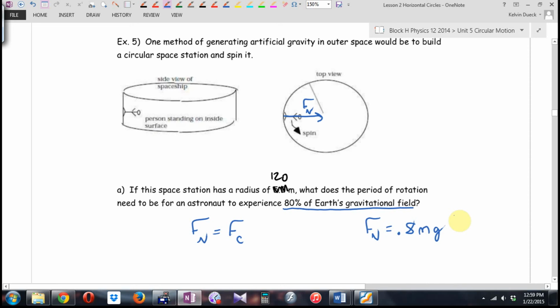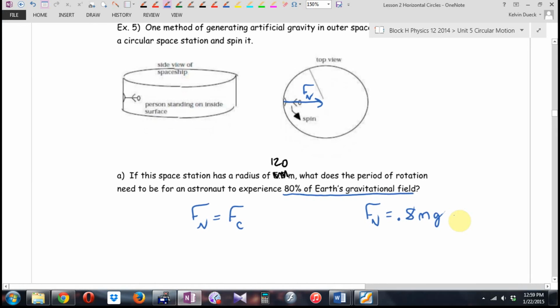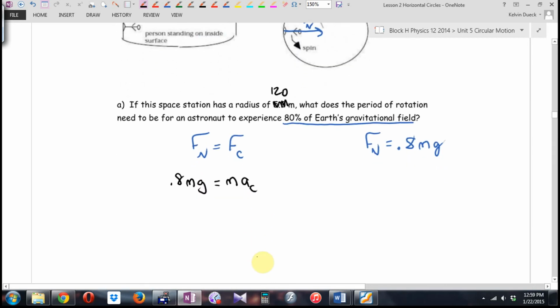So I'm going to get this: 0.8 mg equals m a_c. What do you notice?